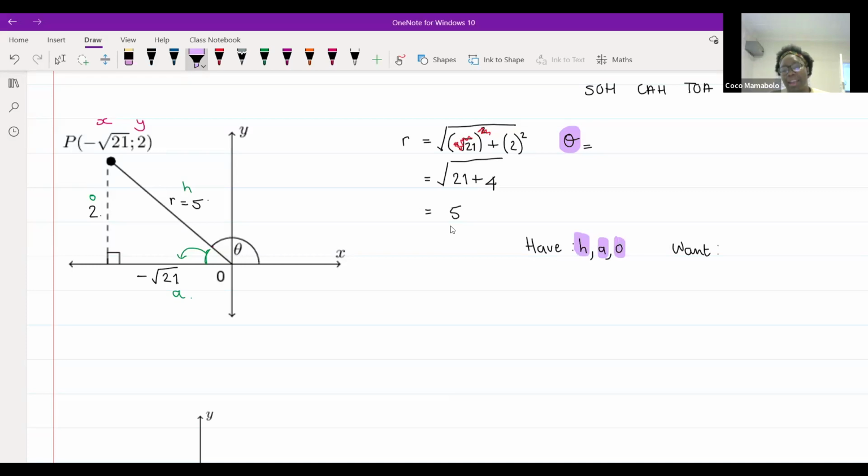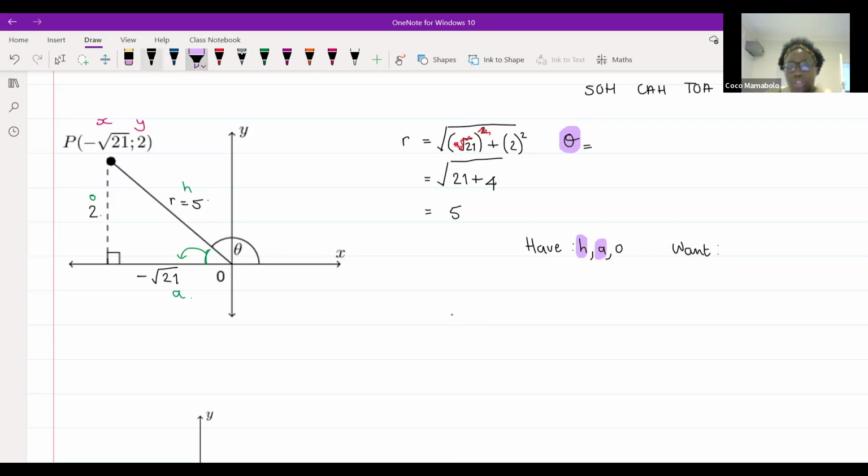Let's not even say and, because really we only need 2 of them, so we can pick which ones we want. If we decide to use the hypotenuse and the adjacent, which one would we be using in SOHCAHTOA? The hypotenuse and adjacent will be the CAH, ma'am. Yes, cos.